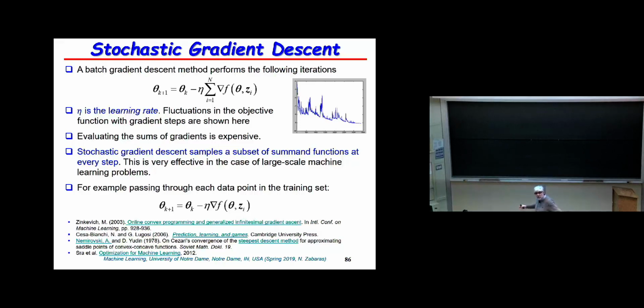So you don't take all the data and throw them together. You can do one data point at a time. Of course, if you don't want one data point at a time, instead of using all the data, you can use mini batches of data, way smaller than n, and this will work as well.